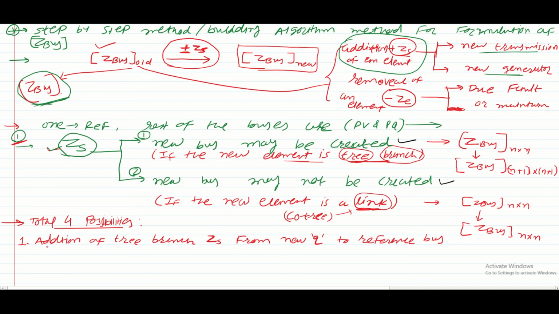The first possibility is addition of tree branch from new bus Q to reference bus.